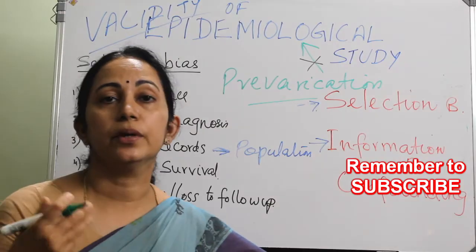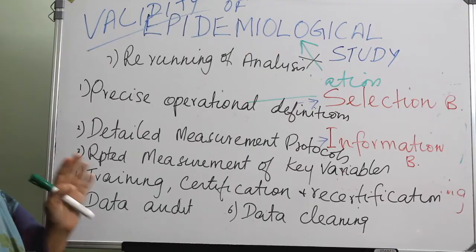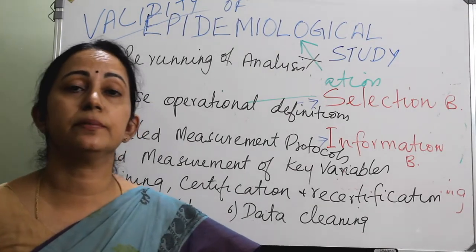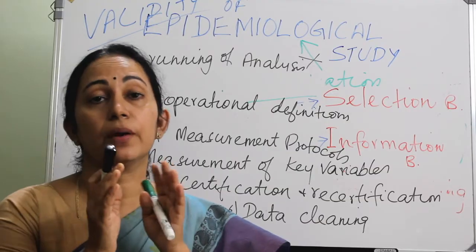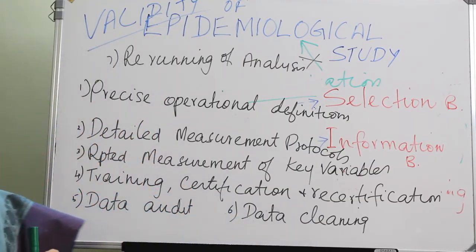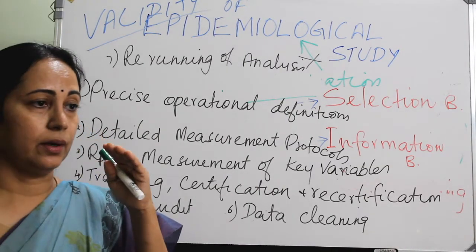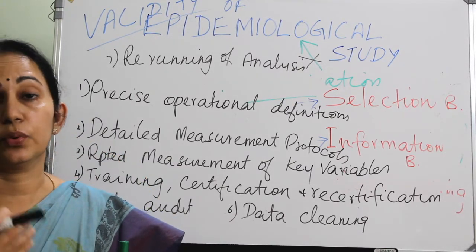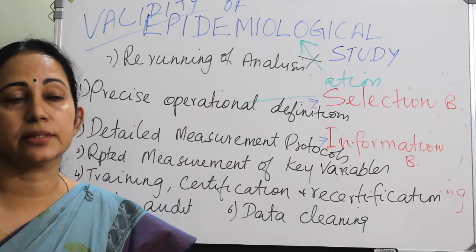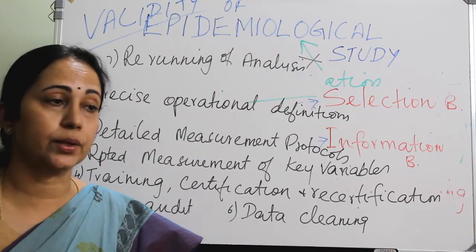So how can you reduce the information bias? One is precise operational definitions of all variables, the exposure variables, variables related to outcome, and other variables. Then detailed measurement protocols, that is, you have to put definite guidelines, whether it is for screening, for inclusion of exposures, or for diagnosis.